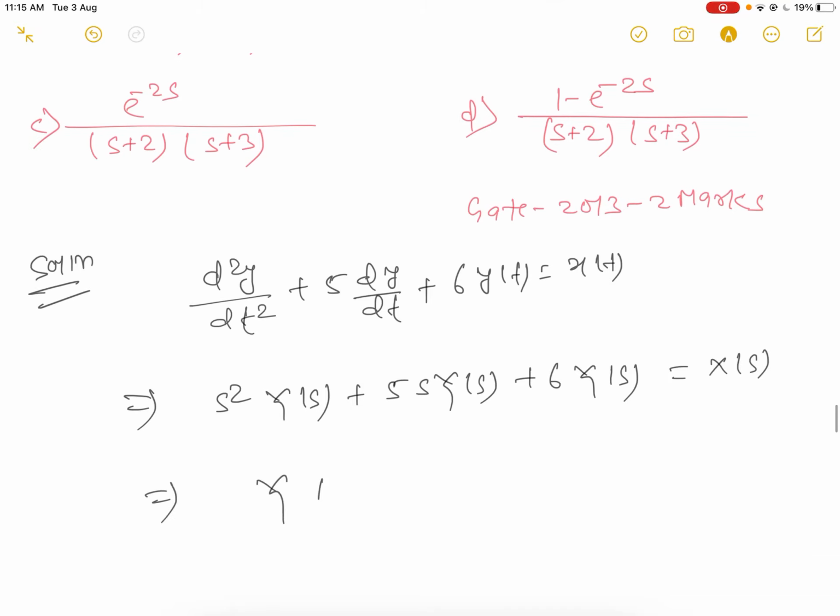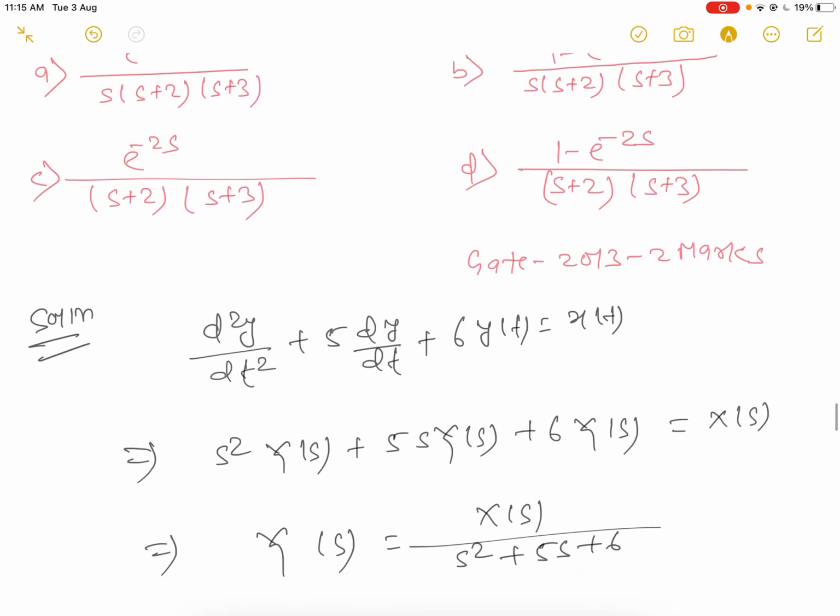Then Y(s) equals X(s) upon s square plus 5s plus 6.